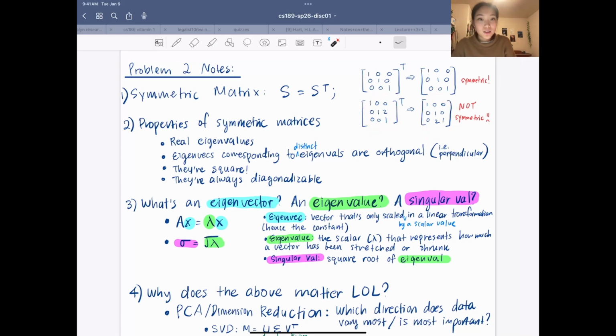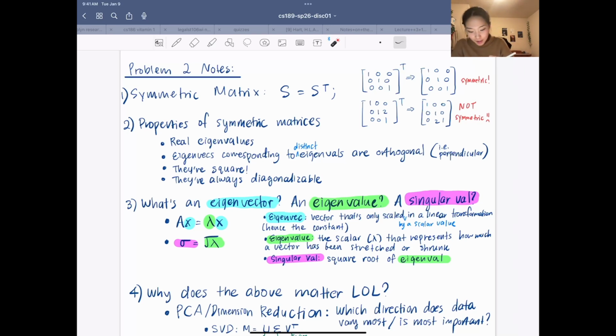And why are symmetric matrices nice? Well, here are some properties of symmetric matrices that will be helpful. First of all, symmetric matrices have real eigenvalues. Also, what is an eigenvalue? What is an eigenvector? We'll explain it in number 3.